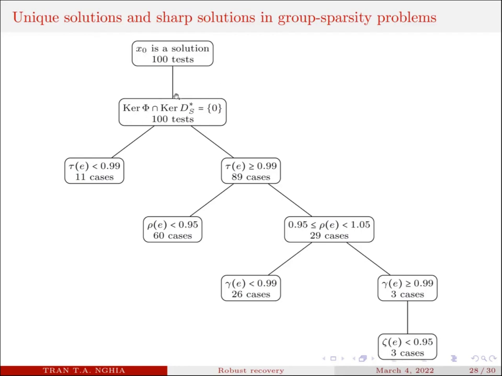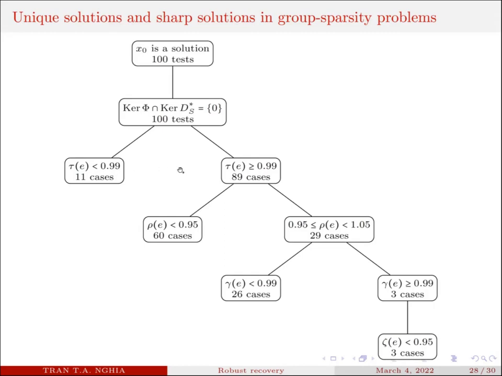We test the restricted injectivity, and as I mentioned, surprisingly, it always happens. Then we look at tau E, and tau is smaller than 0.99. Smaller than 1, then we have sub-minima. In this case, we only have 11 cases.